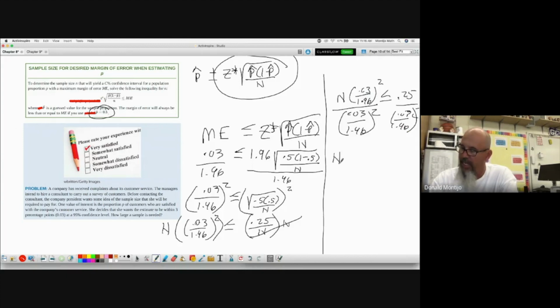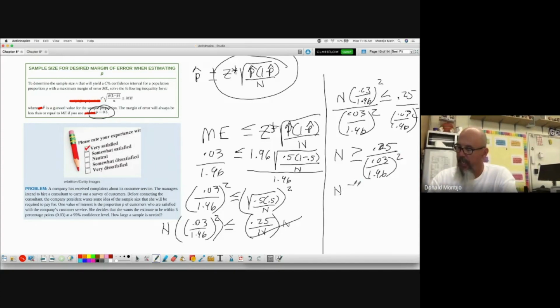So n is going to have to be greater than or equal to 0.25 divided by 0.03 over 1.96 squared.